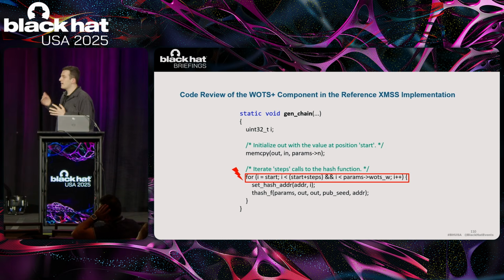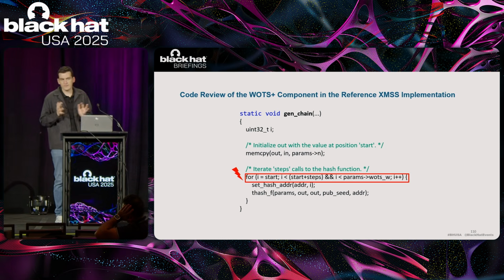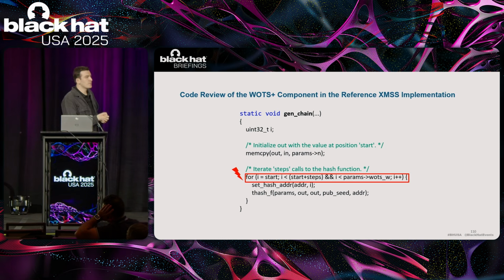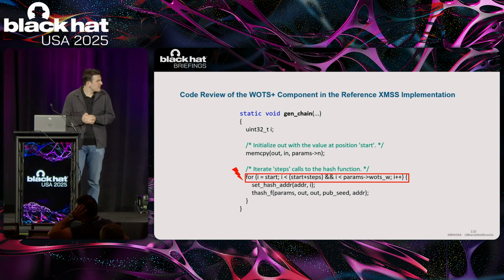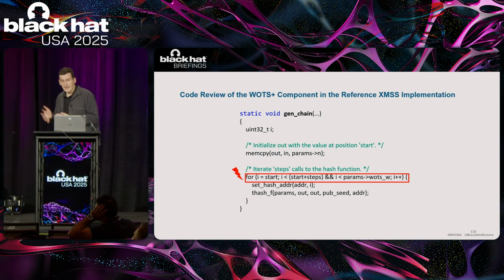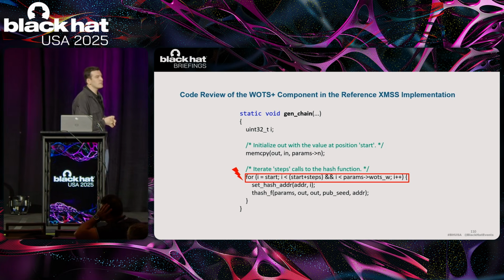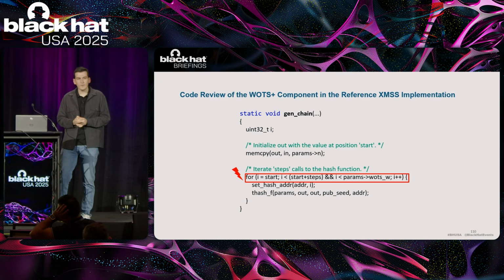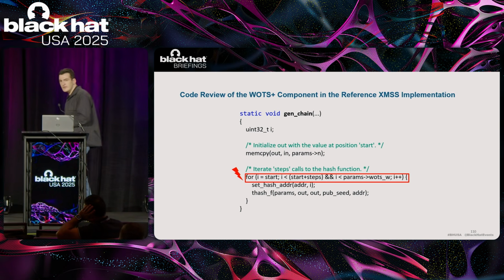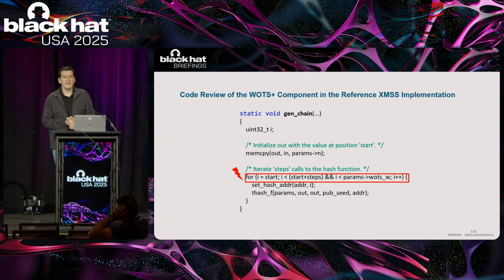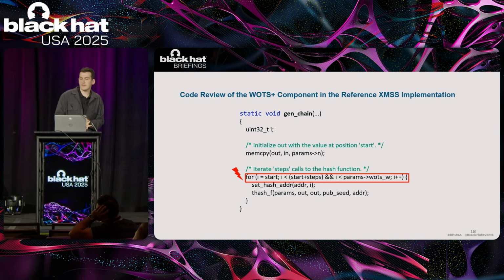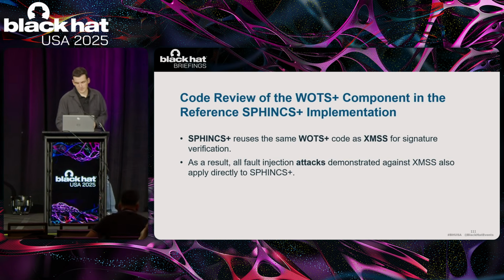If you can attack with fault injection to make it hash 4 or 3 times, then it creates a partial hash chain skip. And if that's the intended value, it will accept your signature as correct. Or you can skip this for loop completely, so it will never hash your checksum chunk input, and then it will also accept your forged signature.